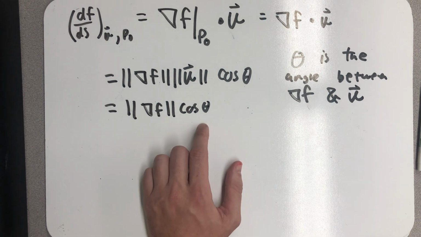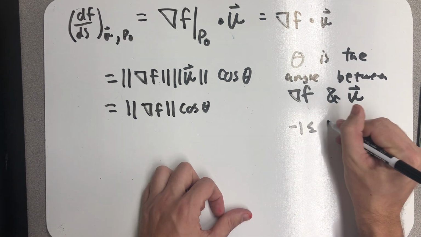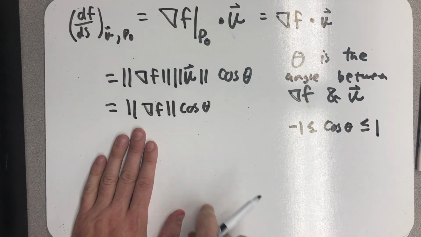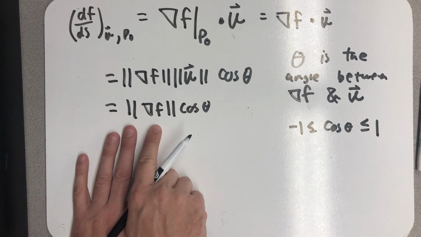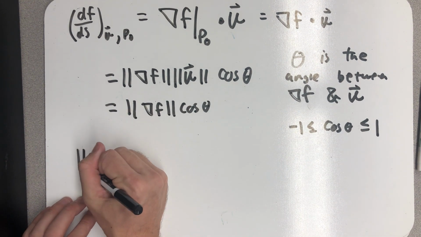Okay, well, cosine has natural bounds. Cosine's always between -1 and 1. So now I know that at that point p naught, the largest value my directional derivative can ever be is the magnitude of the gradient vector. And I know exactly when that happens.